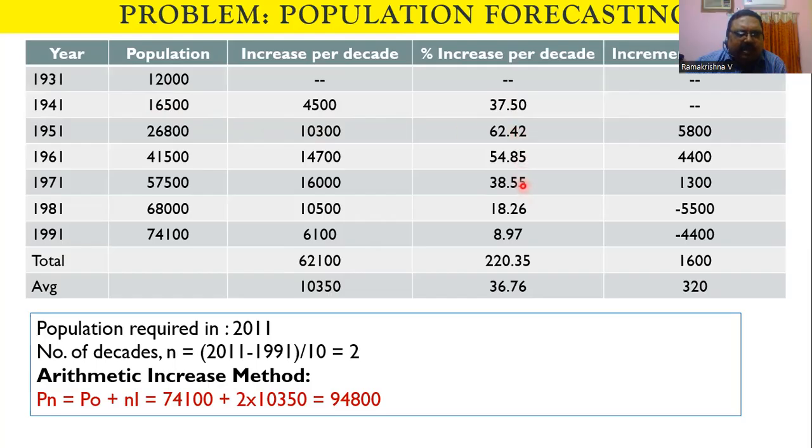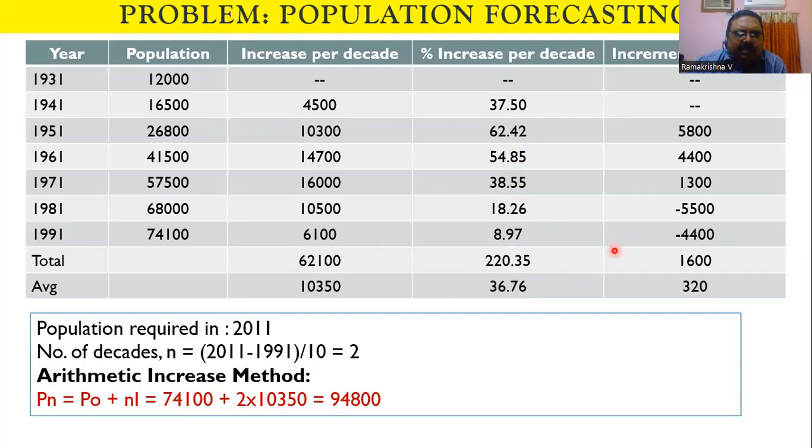Like this, we are calculating the percentage increase per decade. The total percentage increase is around 220.35. And then the average: 1, 2, 3, 4, 5, 6. So this will give you 36.76. This is the arithmetic average of percentage increase per decade.